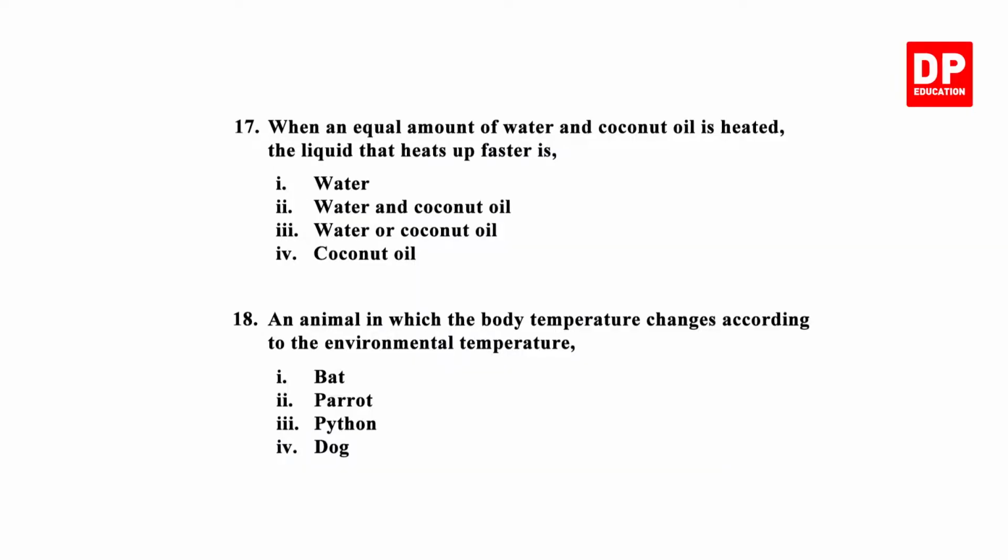Right. 70. When an equal amount of water and coconut oil is heated, the liquid that heats up faster is. Do you remember we did this activity, children? We heated the same volumes of water and coconut oil during the same time period in the same way.